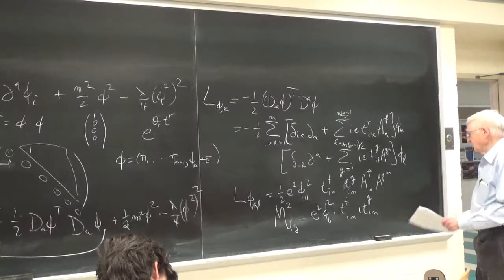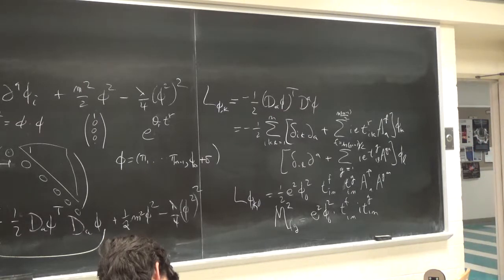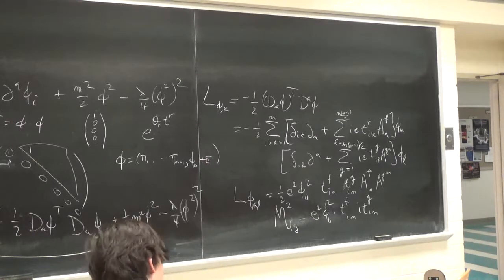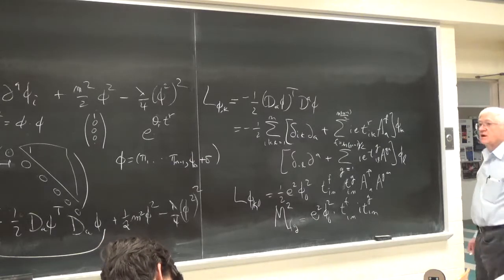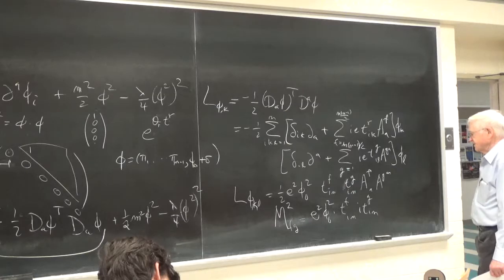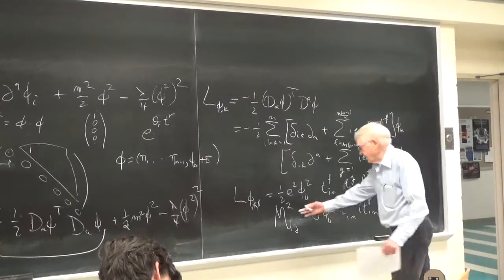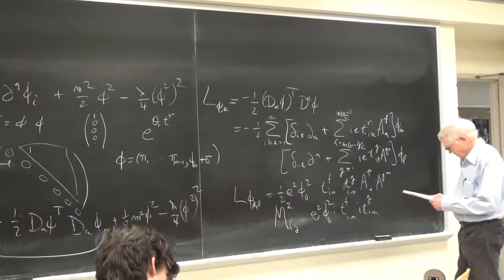And so now, if we diagonalize this, it obviously can be diagonalized. We get the n gauge bosons that are massive and that are eigenstates of this matrix.